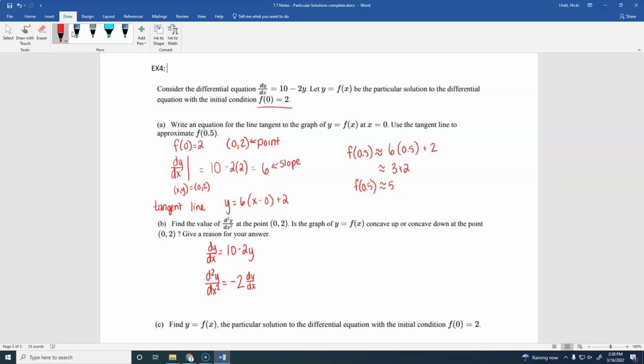So you've got a couple options of how you can do this. I would do it this way: d squared y over dx squared, the second derivative, such that (x, y) equals (0, 2), is going to equal negative 2 times, what is the derivative at (0, 2)? It's 6. We just found it in the earlier part, right? So you'll just get negative 12.